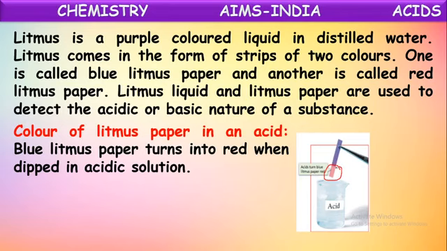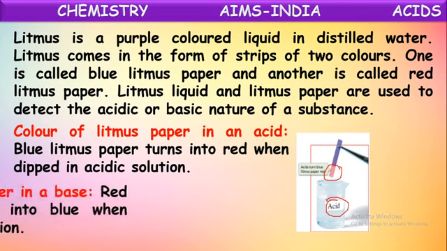In this way, when this blue litmus paper turns red when dipped into a solution, then we can say that solution is acidic in nature. In that way, we can identify acidic solutions by taking blue litmus paper as indicator.